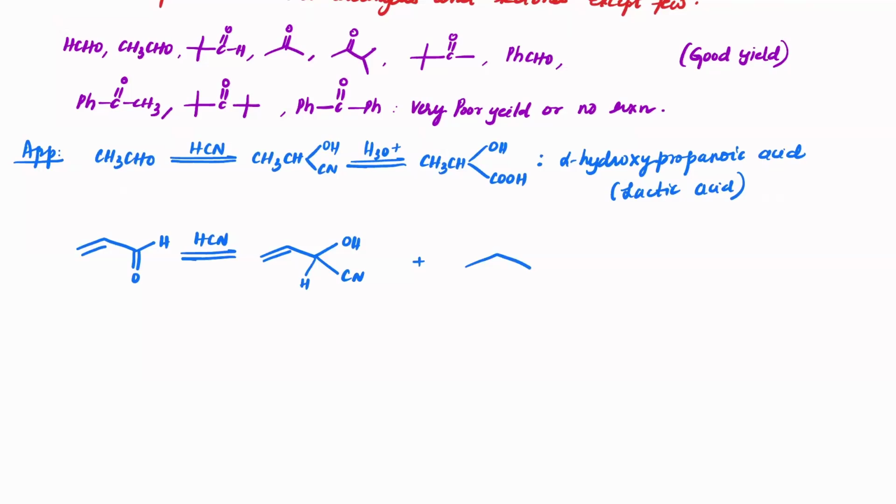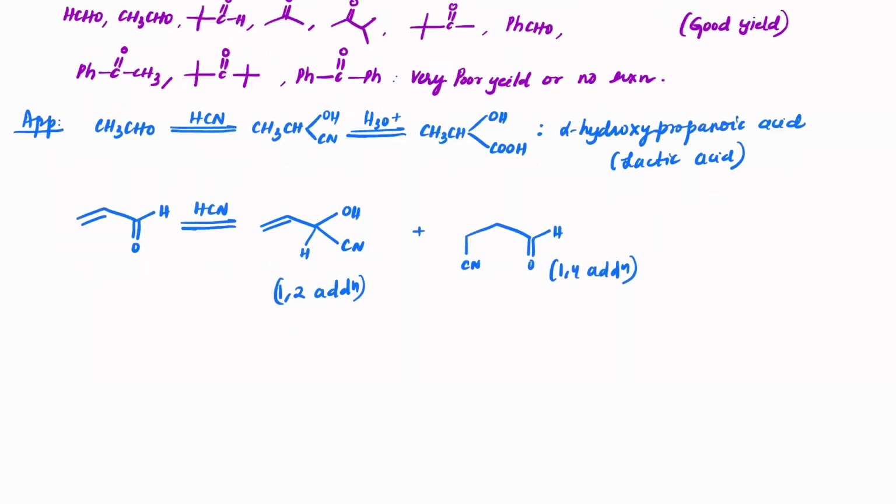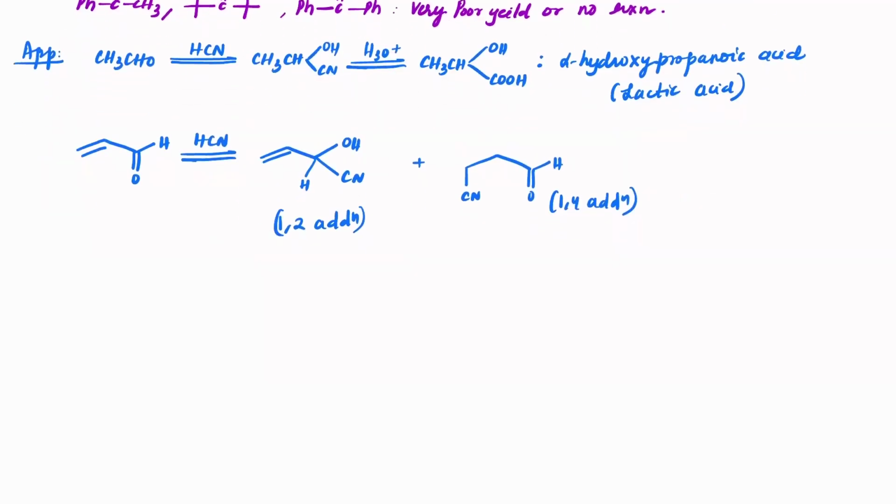Another form of addition here is, this double bond O will be like this, and here we have CN. Okay, this is called 1,2 addition, and this is called 1,4 addition. So both products are possible.